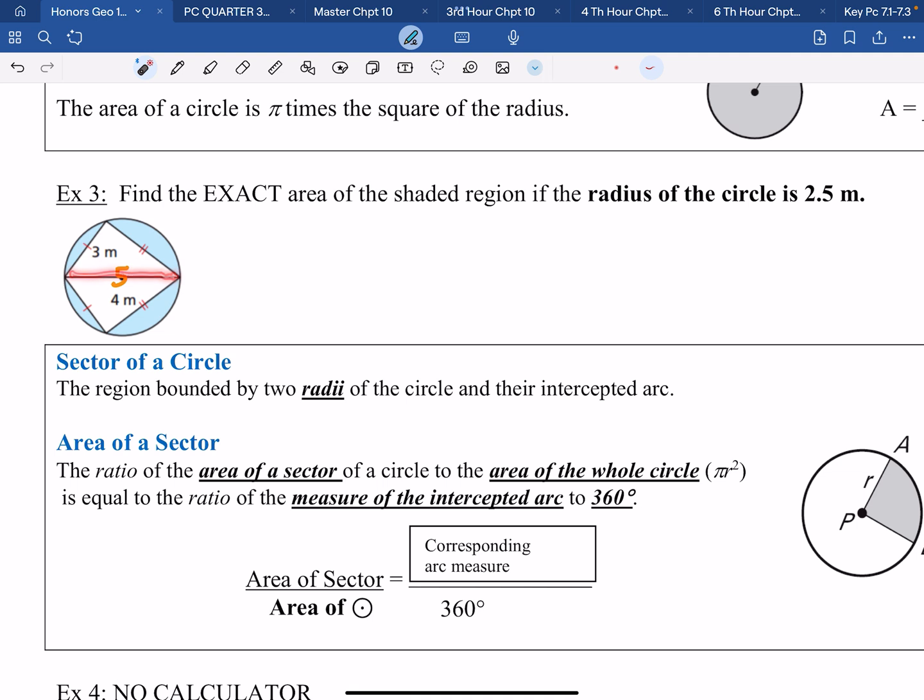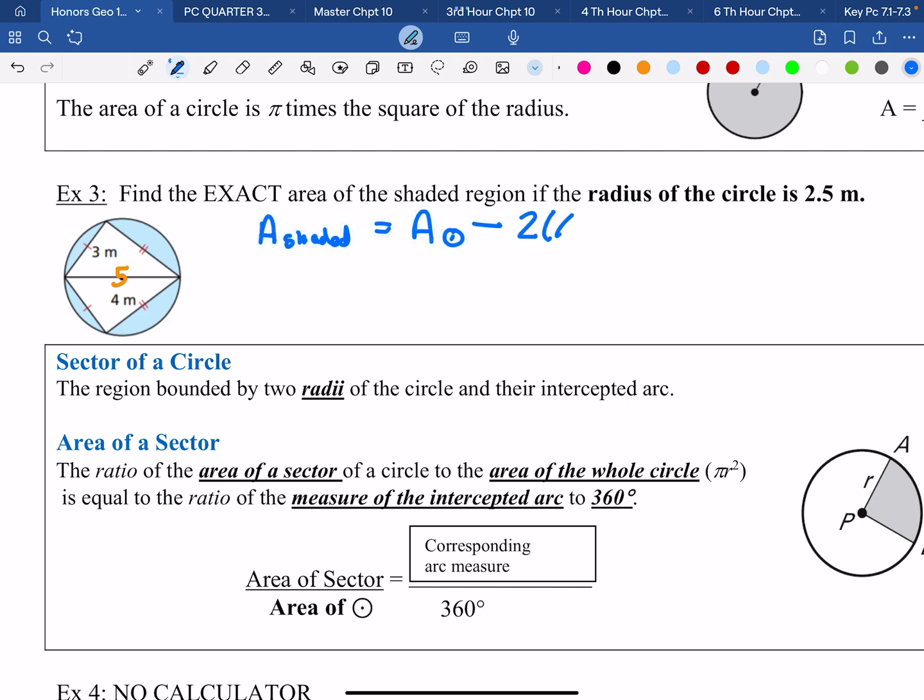Okay, so if we can simply find the area shaded, and I'll write this like this. If we can find the area of the circle and subtract the area of, well, we haven't gotten into finding the area of quadrilaterals yet, but we know how to find the area of a triangle.